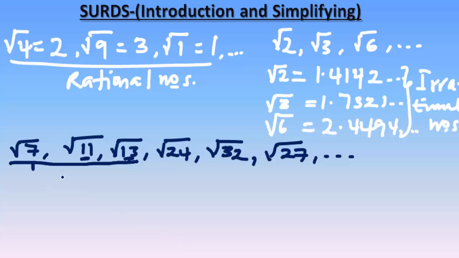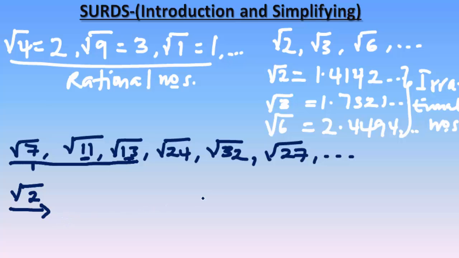So these surds cannot be reduced further. Then they are said to be in their basic form. Are you okay? So you can think of another example like root of 2. There's no way you can express the number 2 as a product of 2 factors, where one is a perfect square other than 1 and the other one is not. So this root of 2 is a surd, but it's in the basic form.